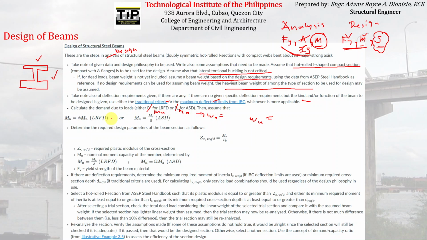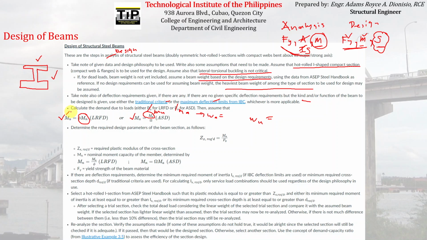Okay, and then after that, you can use the same formula as we have used on the analysis and find the required nominal moment capacity due to the given demand, MU or MA. Since phi is usually given, you can assume the phi that we will use, as well as MU.